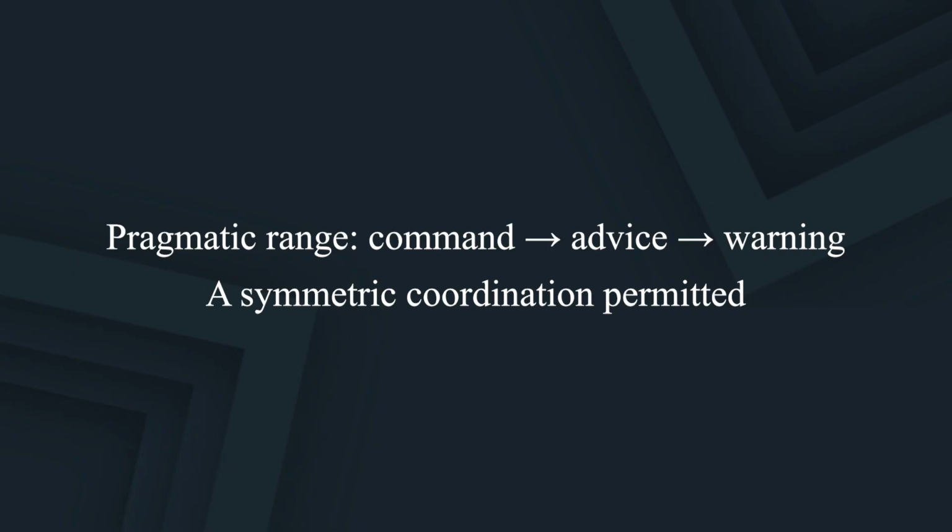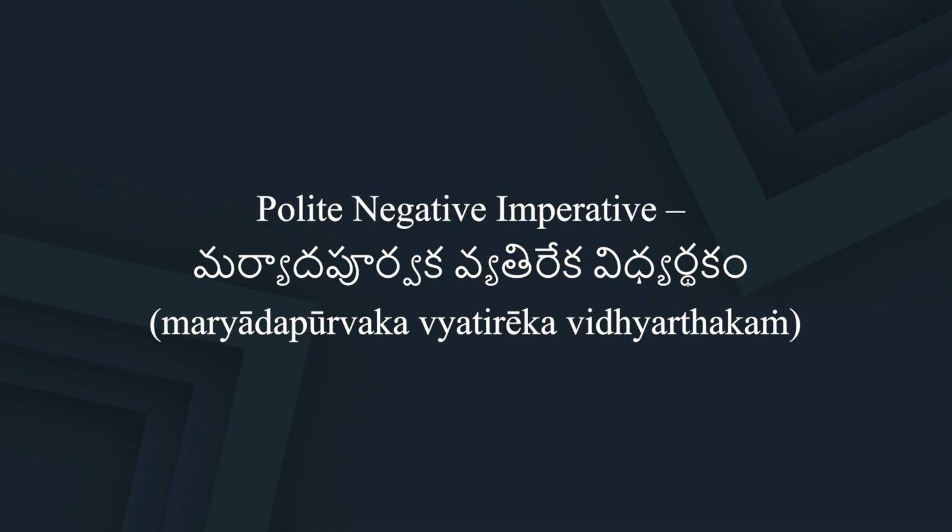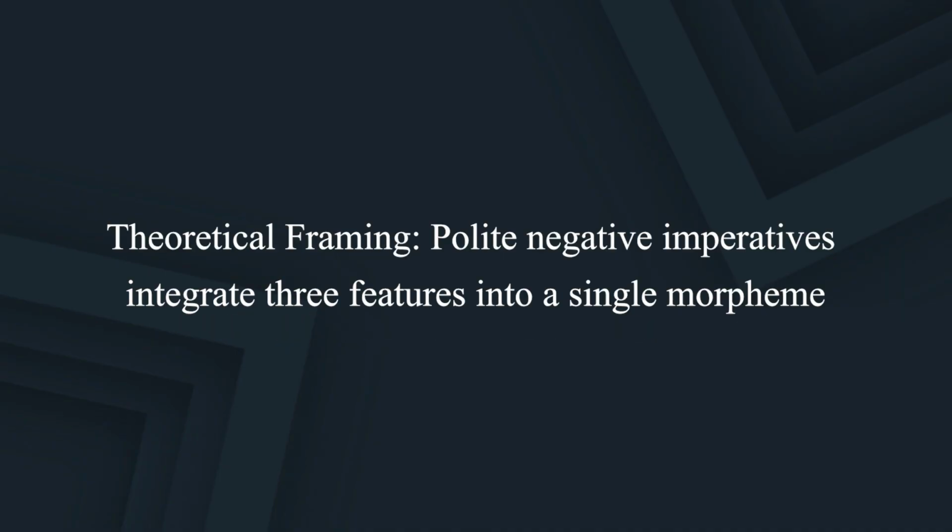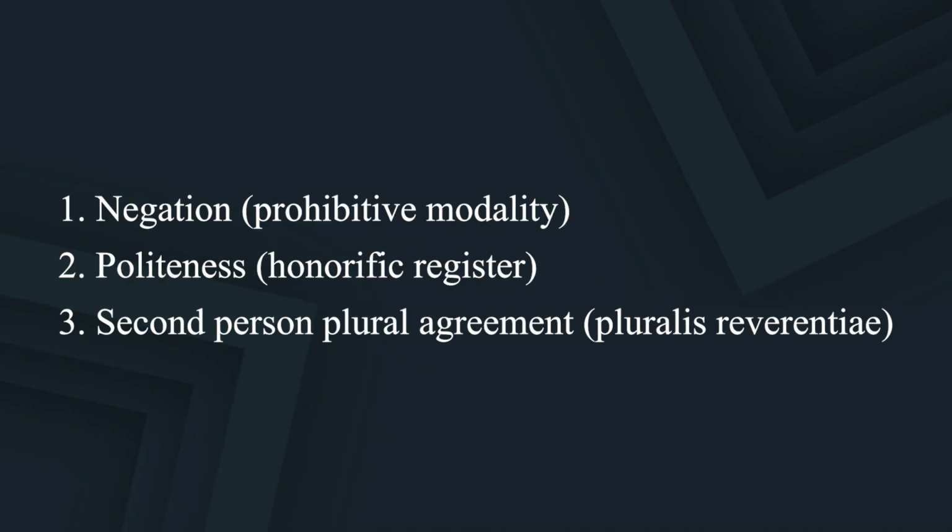A systematic coordination permitted. Next one is polite negative imperative, which means మర్యాద పూర్వక వ్యతిరేక విద్యార్థకం. Theoretical framing, polite negative imperatives integrate three features into a single morpheme. Number one, negation, which means prohibitive modality.